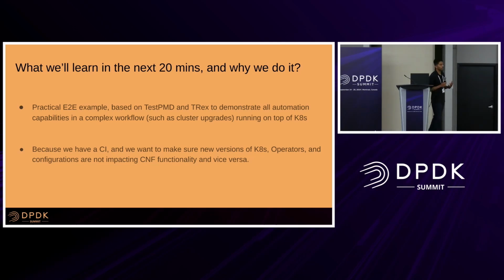We want to make sure that CNFs do not break OpenShift or Kubernetes and the other way around. So we have to build automation in our CI to test from end to end the deployment of the platform, operators, configuration, and then make sure that a CNF can work.